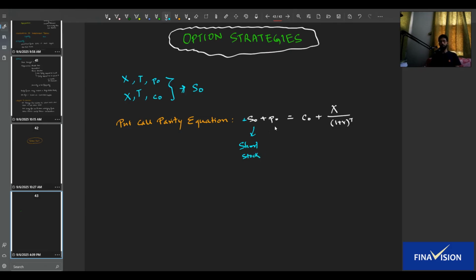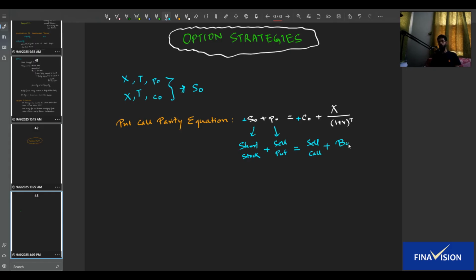Then there is a plus P0, which means selling of the put, right? Because if one sells the put or shorts the put or writes the put, there is an inflow of premium as cash flow. This is equal to again plus C0, which means selling of the call or shorting of the call or writing of the call option, plus present value of the strike, which means there is a cash inflow.